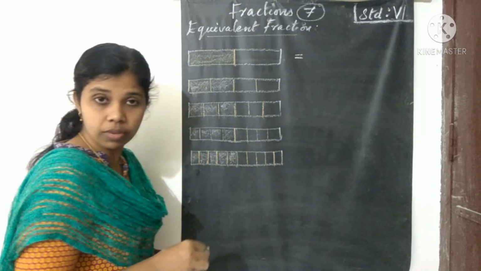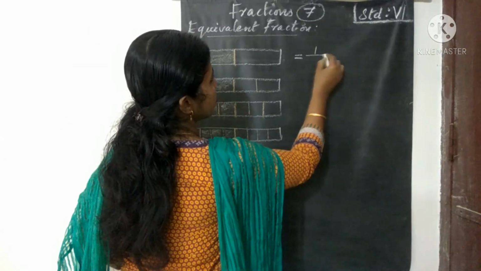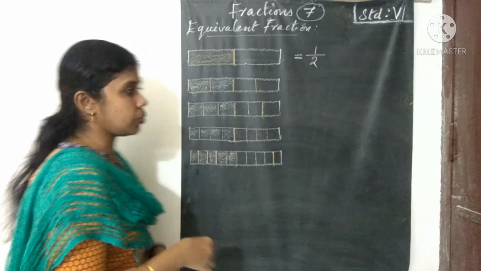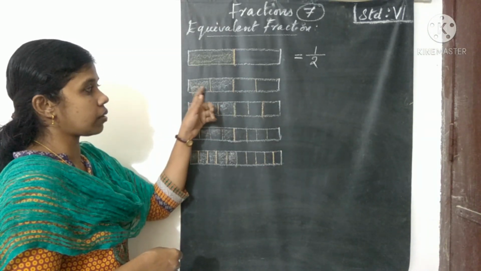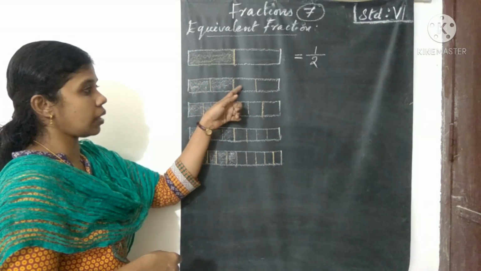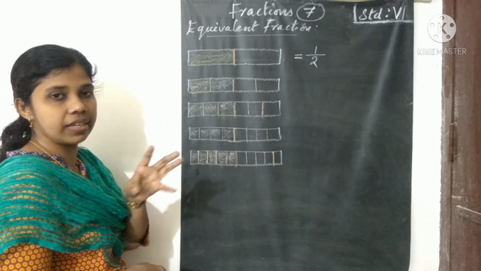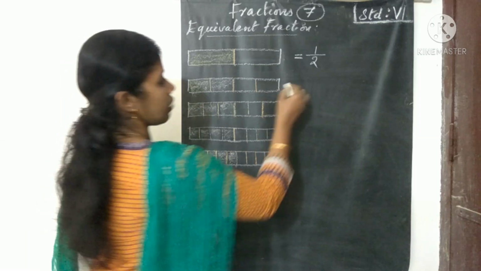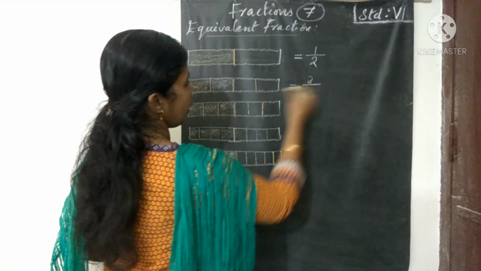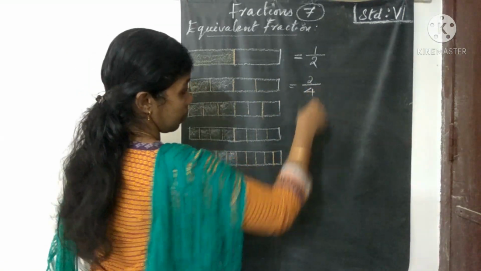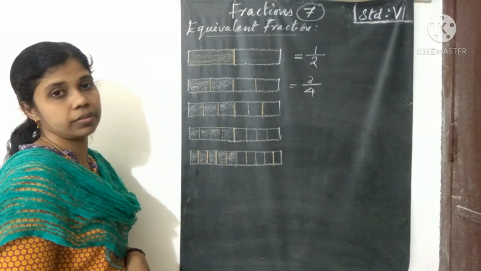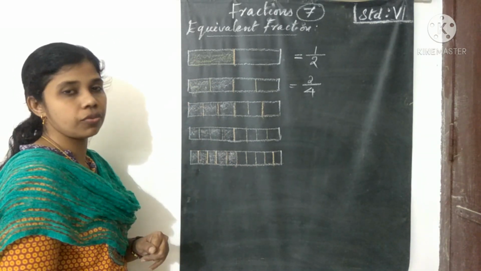So that fraction is 1 by 2. And here, how many total parts? 1, 2, 3, 4. How many parts are shaded? 1, 2. So that fraction is 2 by 4.